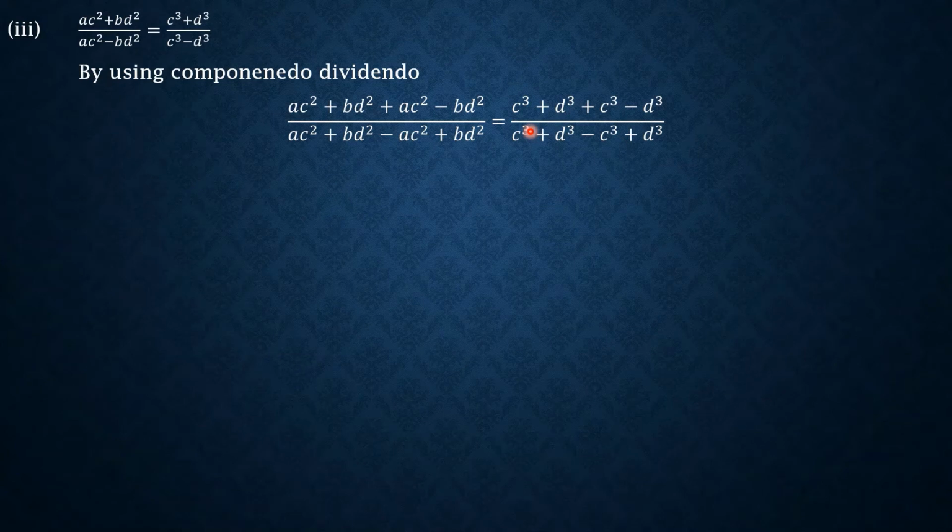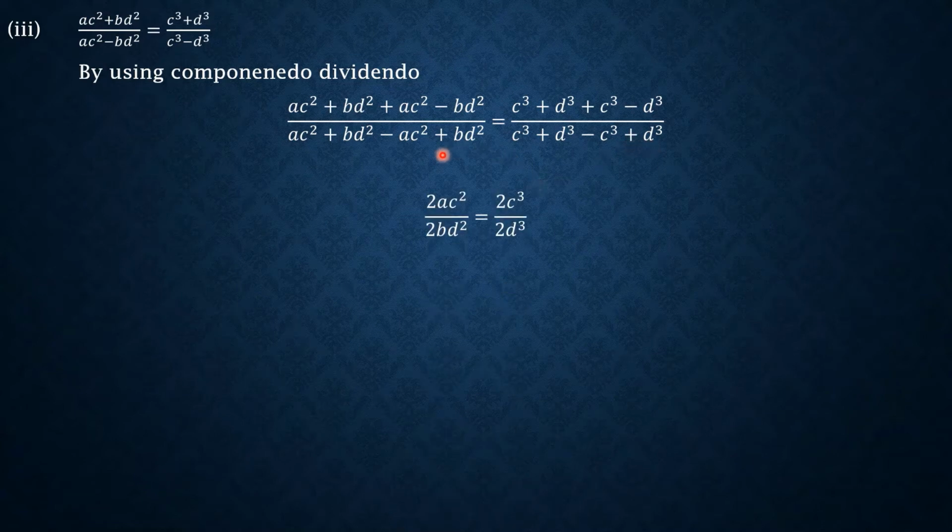So in numerator we add the numerator and denominator of the right side fraction, which is c cube plus d cube plus c cube minus d cube, divided by numerator minus denominator. So we have c cube plus d cube minus c cube, and minus into minus d cube will give us plus d cube.